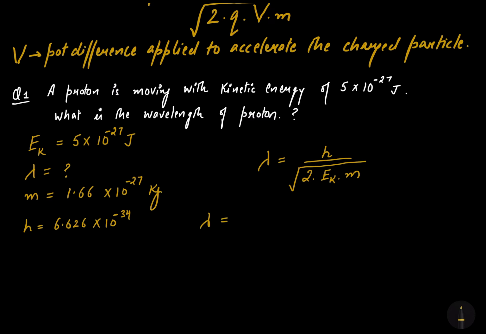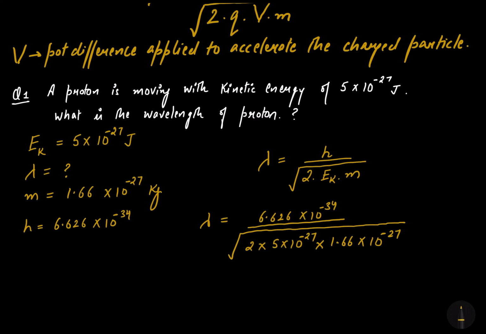The wavelength comes out to be 6.626 into 10 to the power minus 34 divided by root of 2 into the kinetic energy is given, it's 5 into 10 to the power minus 27, and the mass of proton comes out to be 1.66 into 10 to the power minus 27, and this answer comes out to be, the wavelength of the proton comes out to be 1.6662 into 10 to the power minus 7 meters.